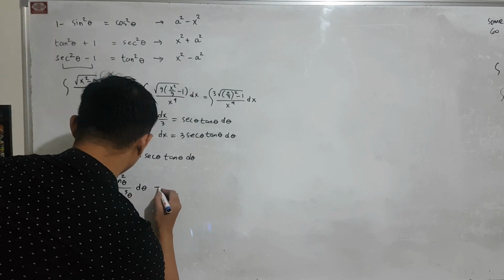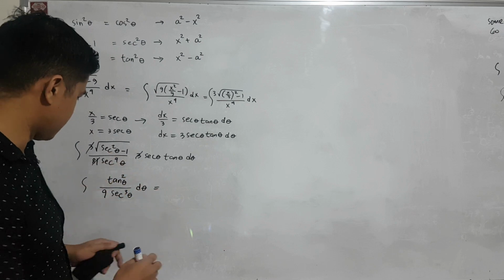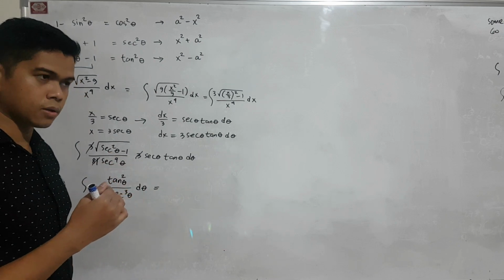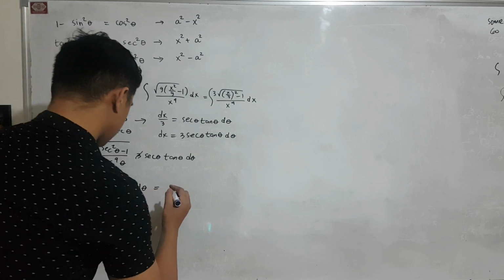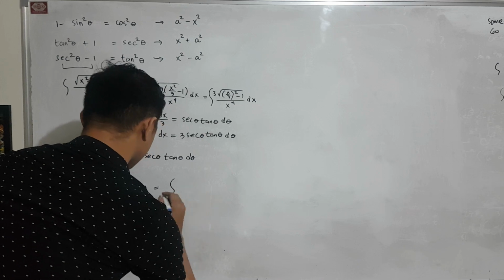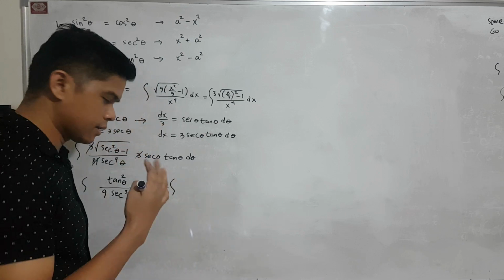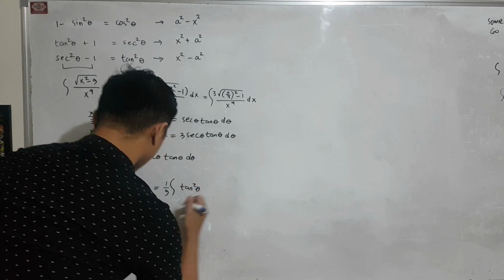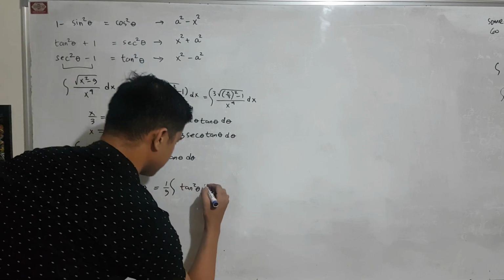We can rewrite this a little bit. We know the property: 1 over secant cubed is cosine cubed, right? So we have the integral of, and we can put the 1 over 9 in the front, so we have tangent squared, and the secant cubed becomes cosine cubed on the top.